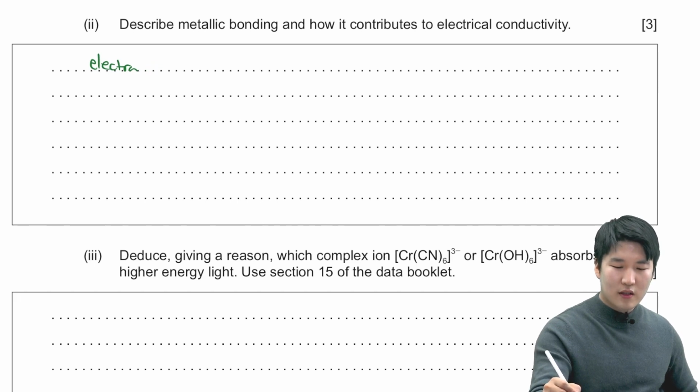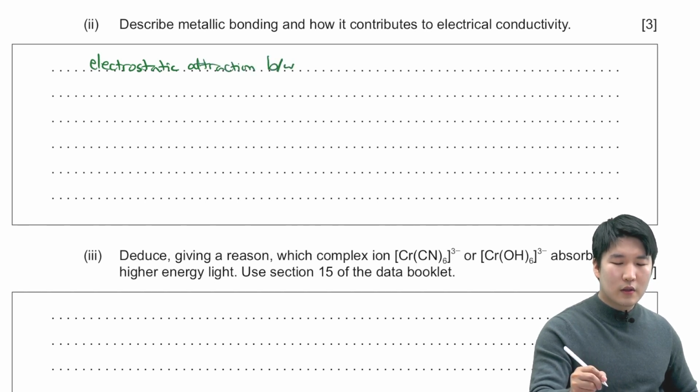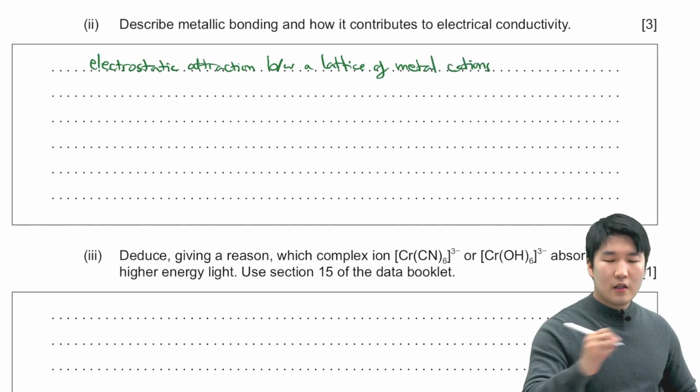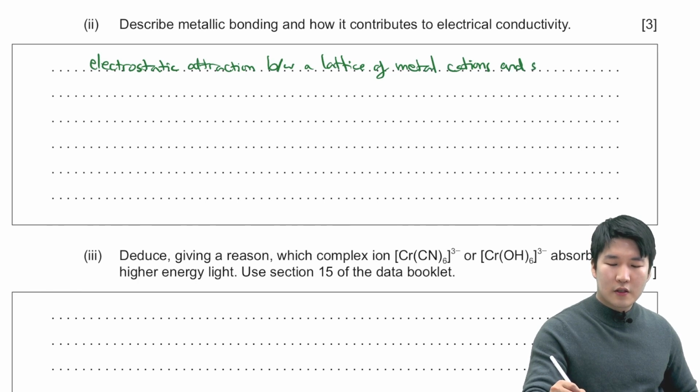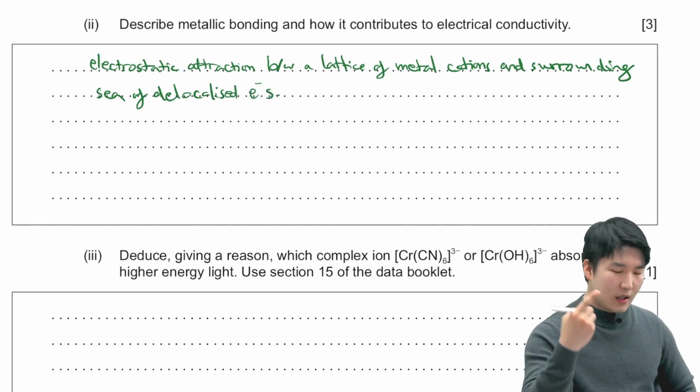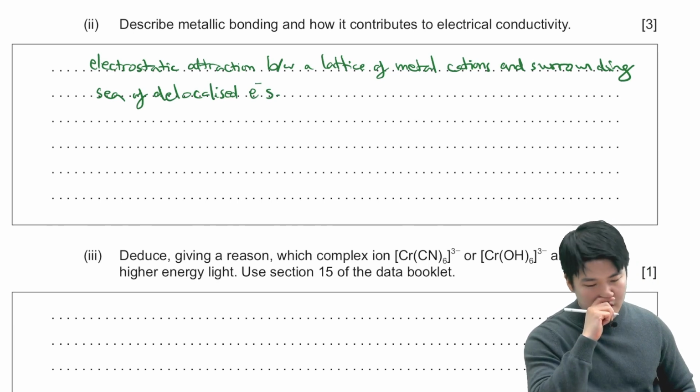Electrostatic attraction between a lattice of metal cations and surrounding sea of delocalized electrons. That's what the nature of metallic bonding is.